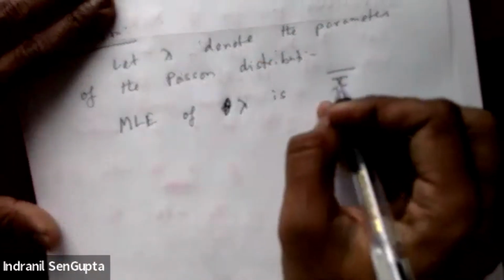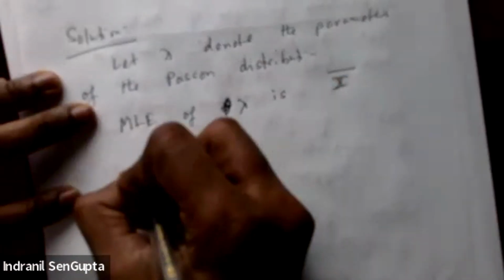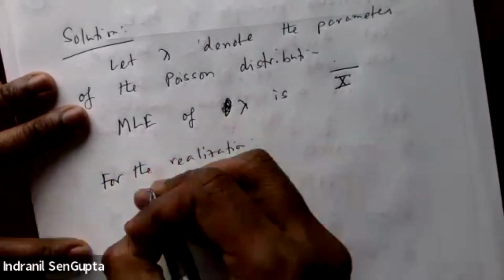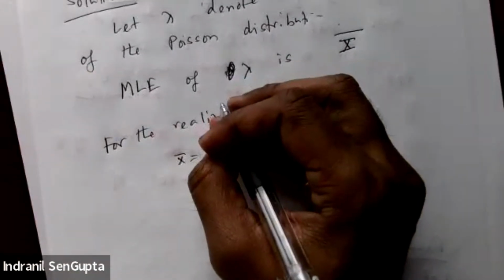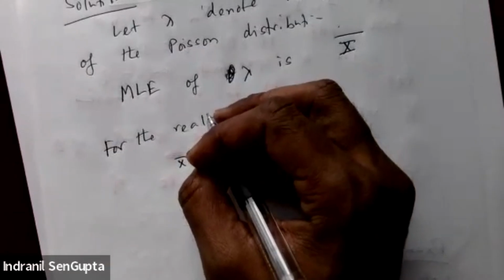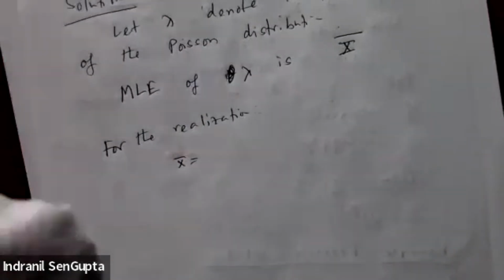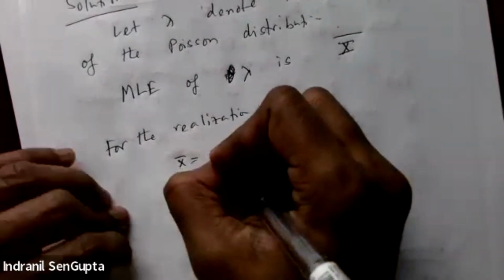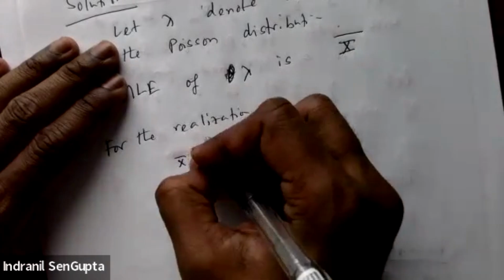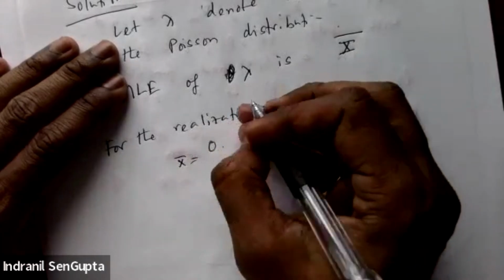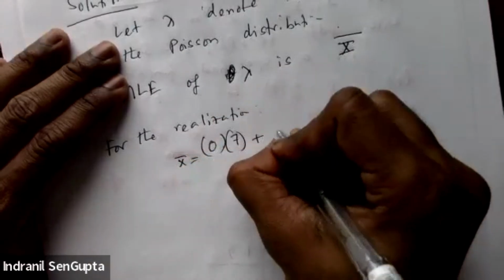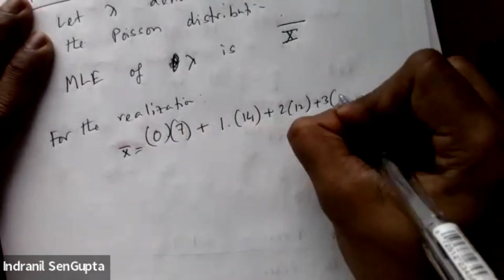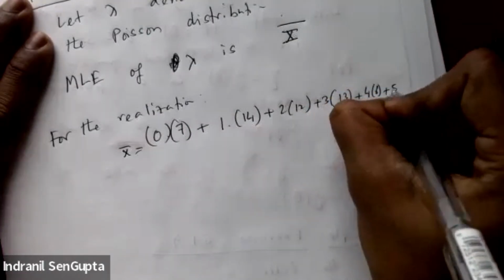So therefore, what is x bar in this problem? For the realization, we have x bar is 0 times 7 plus 1 times 14 plus 2 times 12 plus 3 times 13 plus 4 times 6 plus 5 times 3, isn't it?